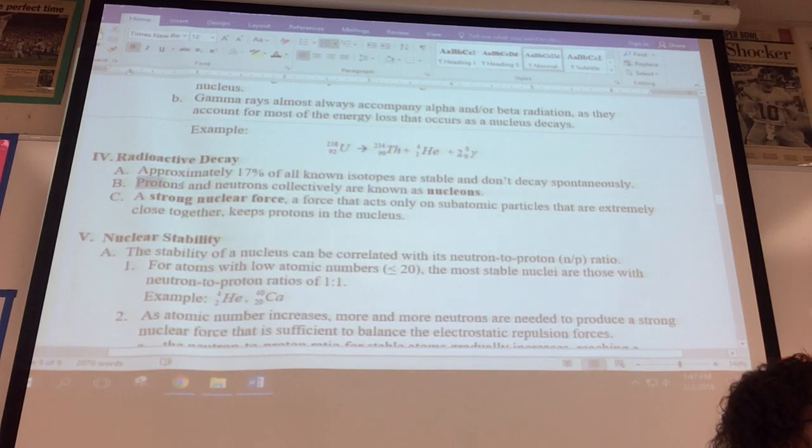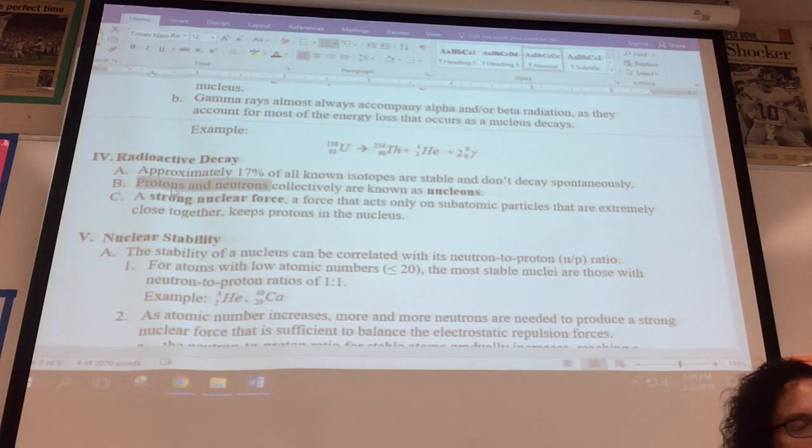And when you're talking about particles in the nucleus, such as protons and neutrons, they are known as nucleons. Protons have what charge? Positive. And neutrons are? Neutral. So you are shoving a whole bunch of positives in a very small space in the nucleus.